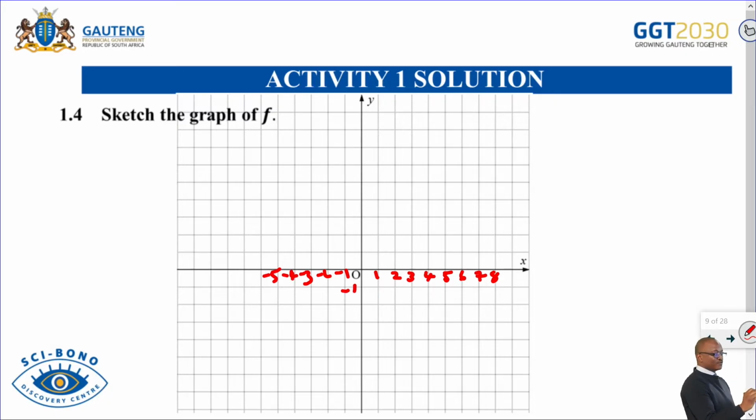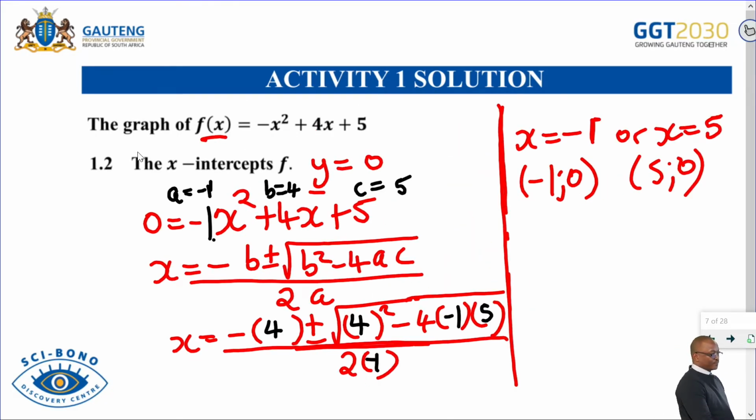Then on the vertical axis we have negative 1, negative 2, negative 3, negative 4, negative 5. Moving up, we have 1, 2, 3, 4, 5, 6, 7, 8, 9. Correct.